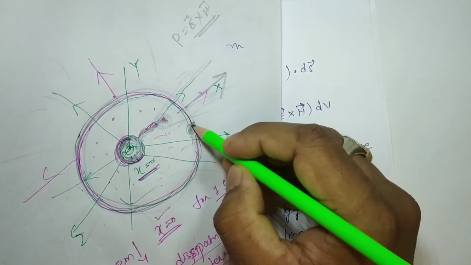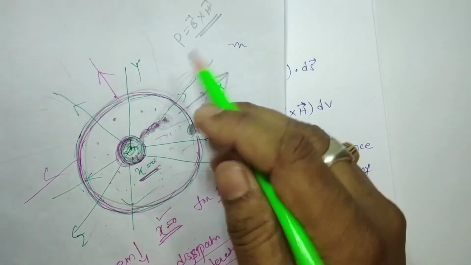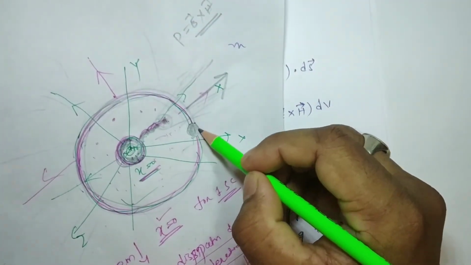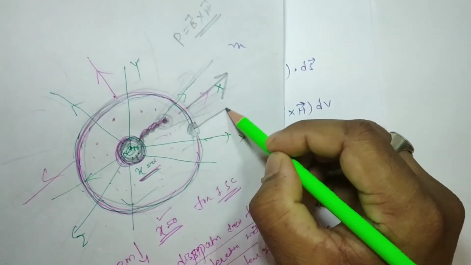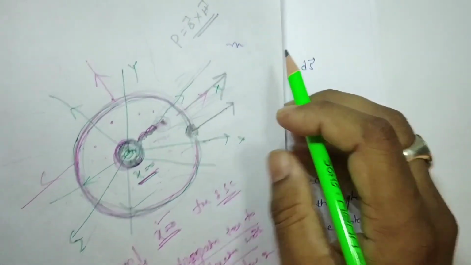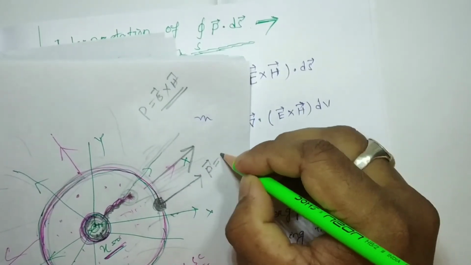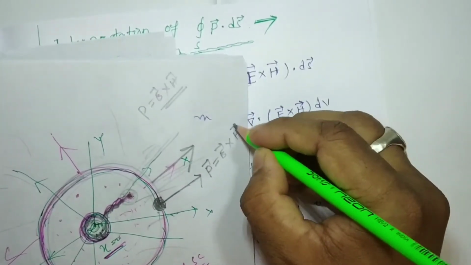So if we consider a unit surface area, on this sphere, whatever the outward flow of electromagnetic energy from that area, that is your Poynting vector, equal to E cross H.